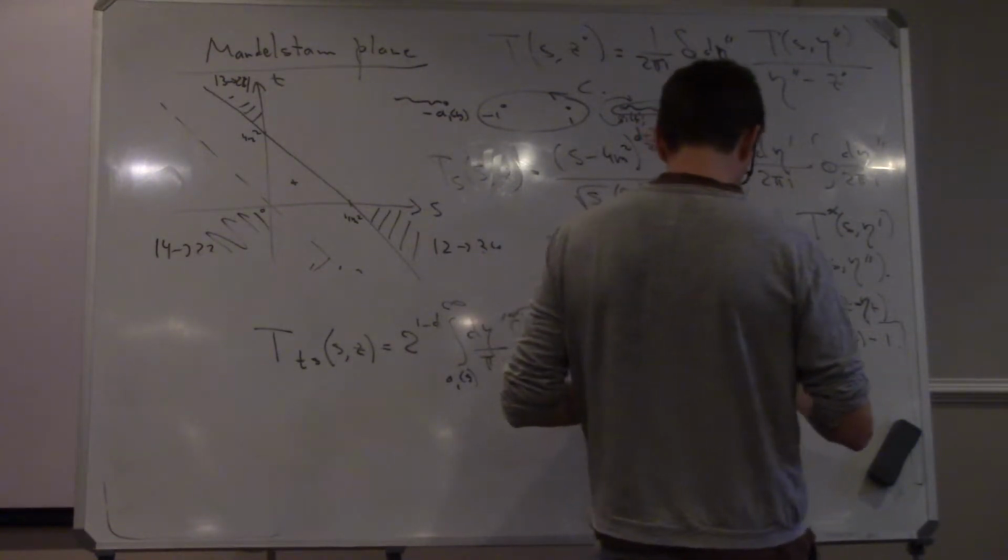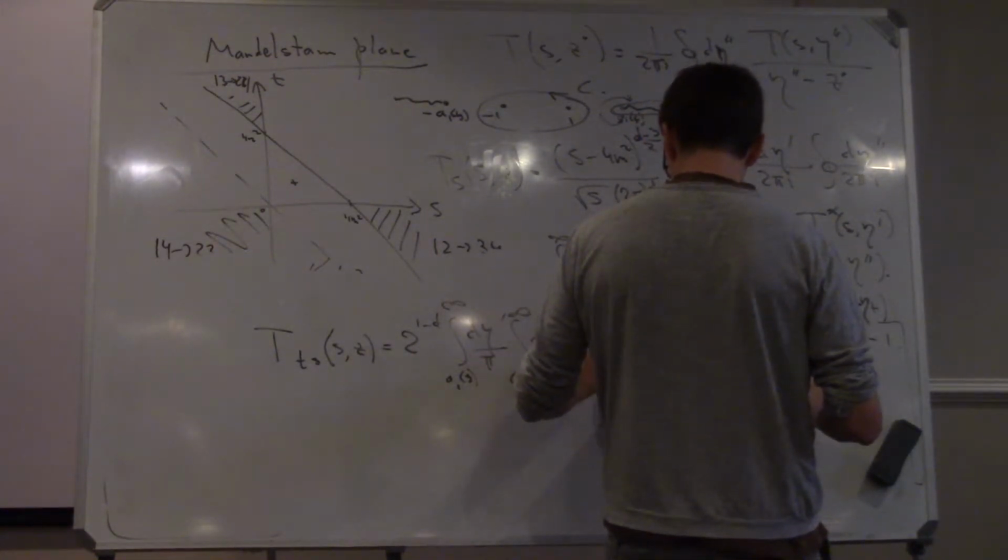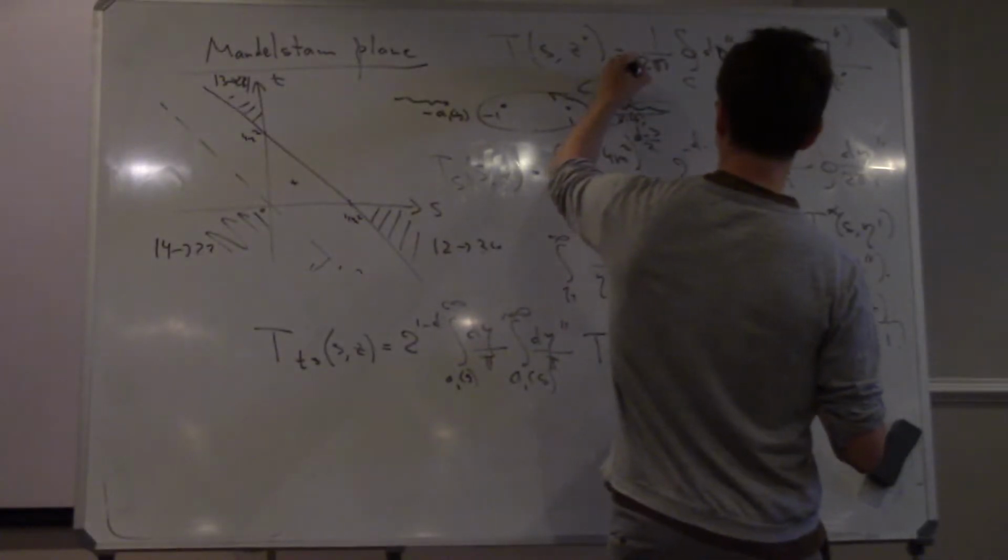So you have a product of two discontinuities, but now the discontinuity is in T, because this is a z-plane.